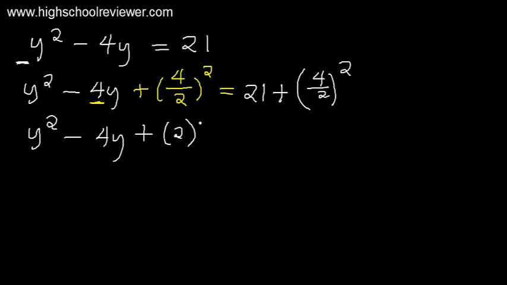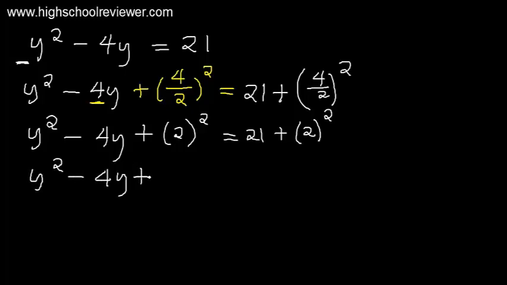So this will be 2 raised to the power of 2, equals 21 plus 4 divided by 2 is 2, so this will be 2 raised to the power of 2. Okay, so y squared minus 4y plus 2 raised to the power of 2 is 4. This will be equal to 21 plus 4.